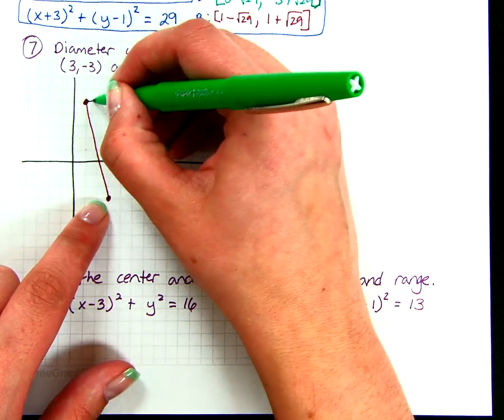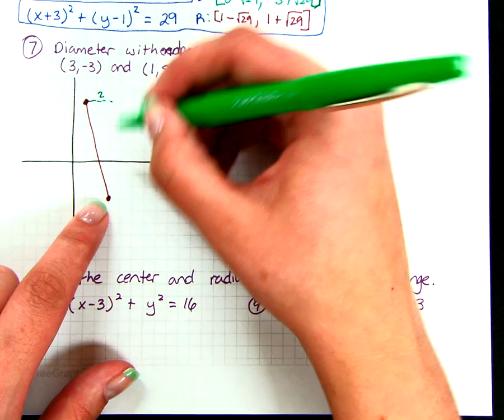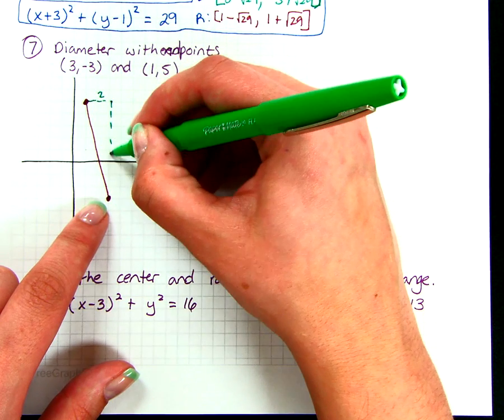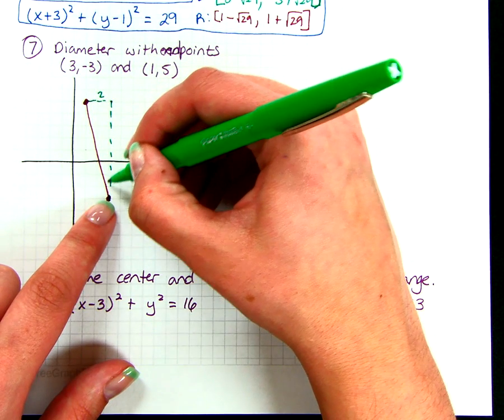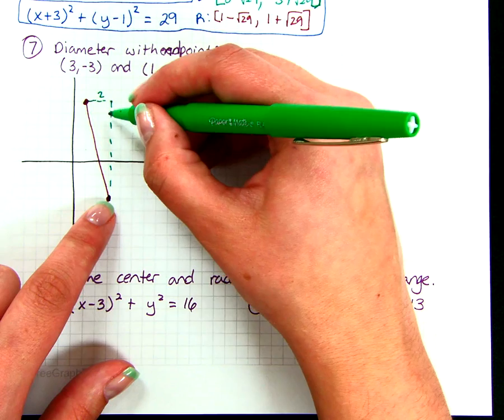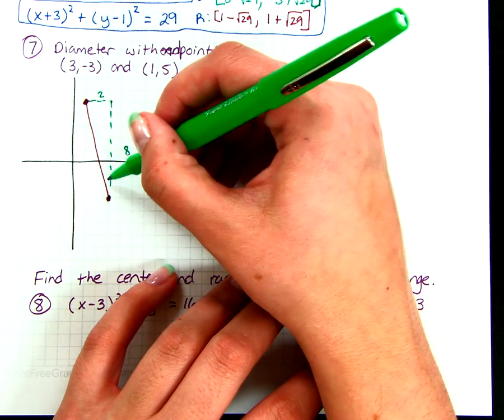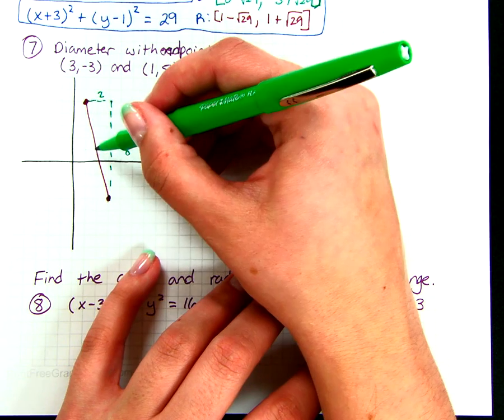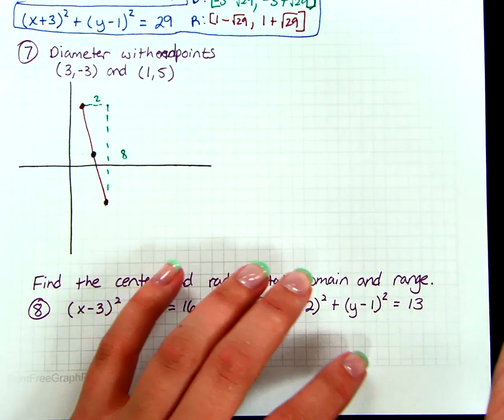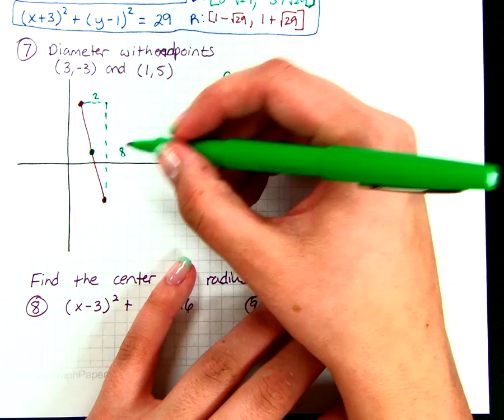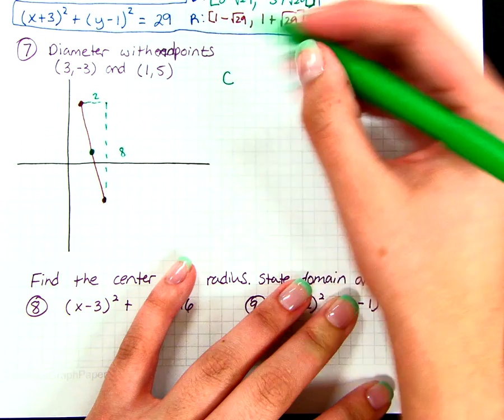So I'm going to make a little triangle here. So this was 2, and this is 1, 2, 3, 4, 5, 6, 7, 8. So we would just go half of 2 and then half of 8. So 1, 2, 3, 4 over 1. So here's my center. So the center for this is at 2, 1.